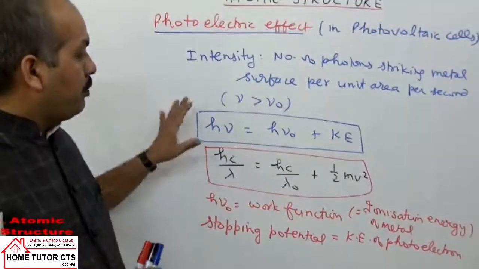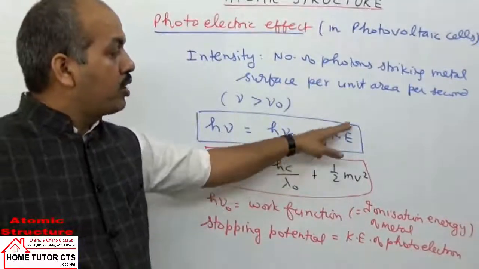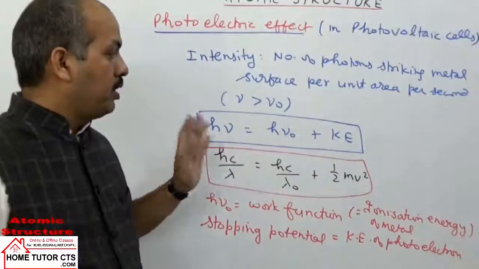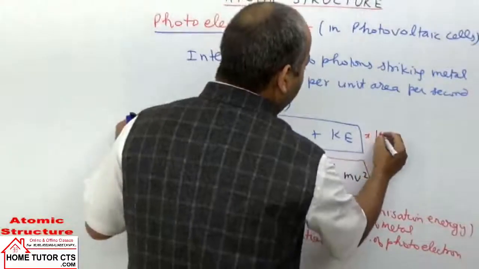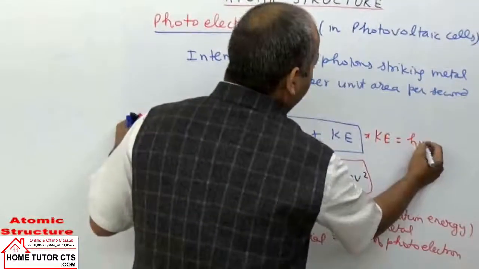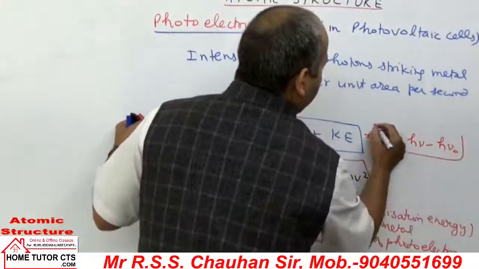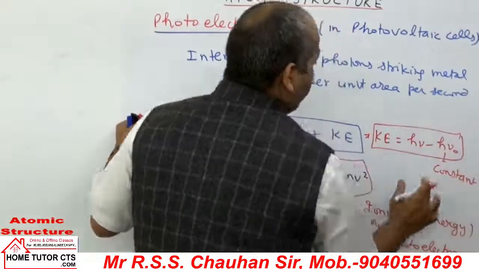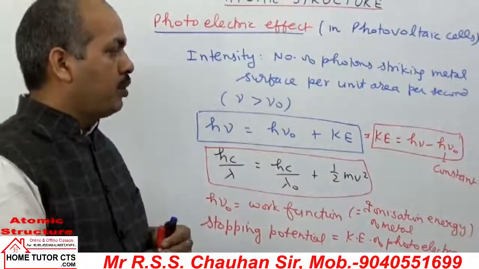Now if you take this expression further, we have taken one point that for the photoelectron, kinetic energy is directly proportional to frequency of photon only. From the expression, kinetic energy of the photoelectron is h nu minus h nu naught. For a metal, h nu naught is constant, not variable.